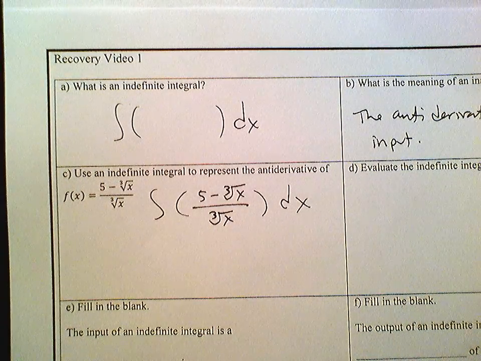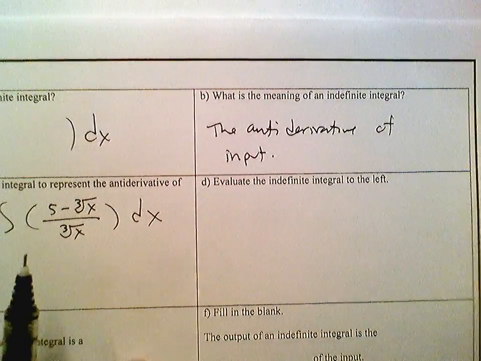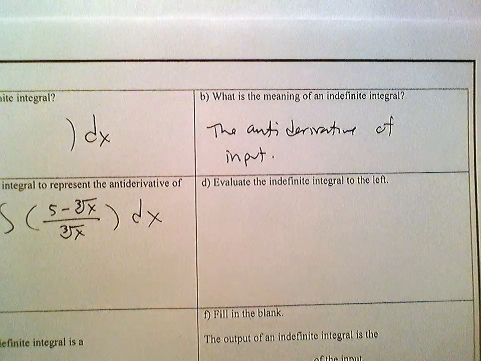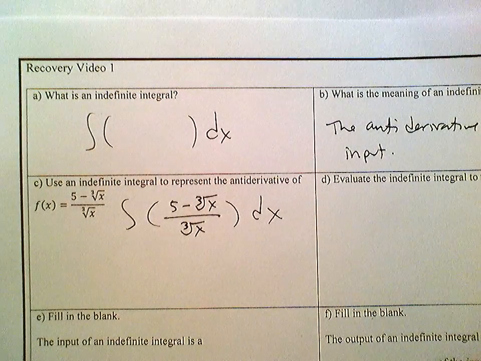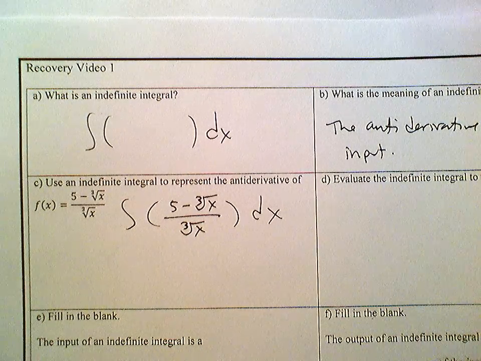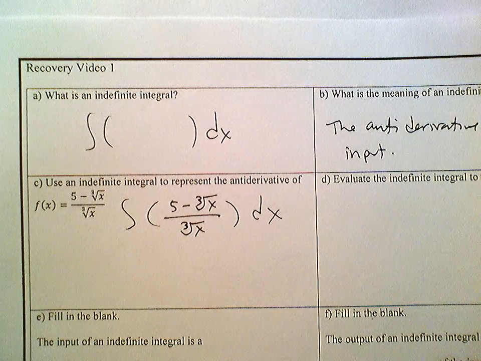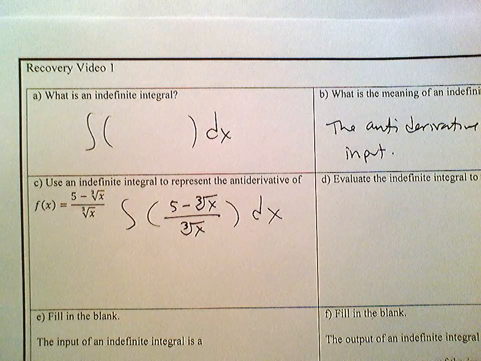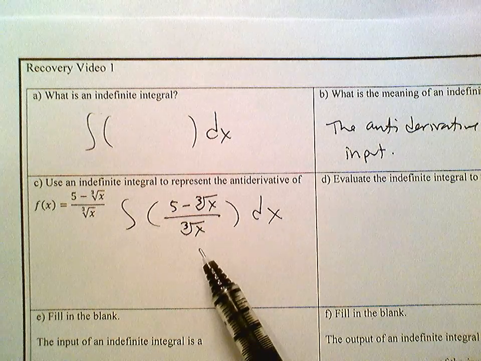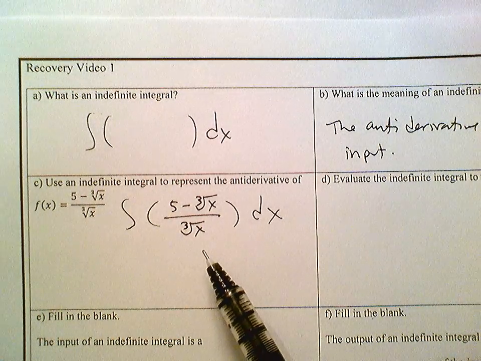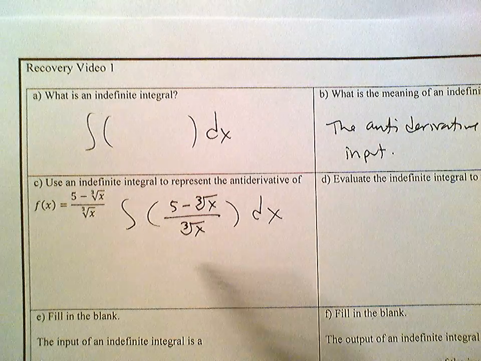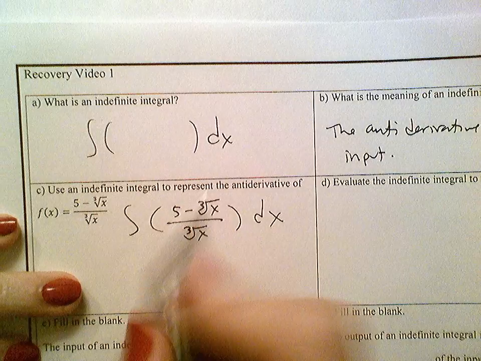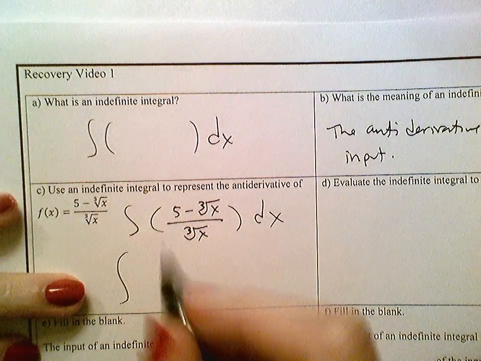Okay? Now, for part D, we're going to evaluate the indefinite integral to the left, meaning that we're going to do the operation that it's indicating, which is just taking the antiderivative. Now, to take the antiderivative of this, we can't use the power rule the way that it is, but we can rewrite this. If this doesn't make sense to you, you should think about it.